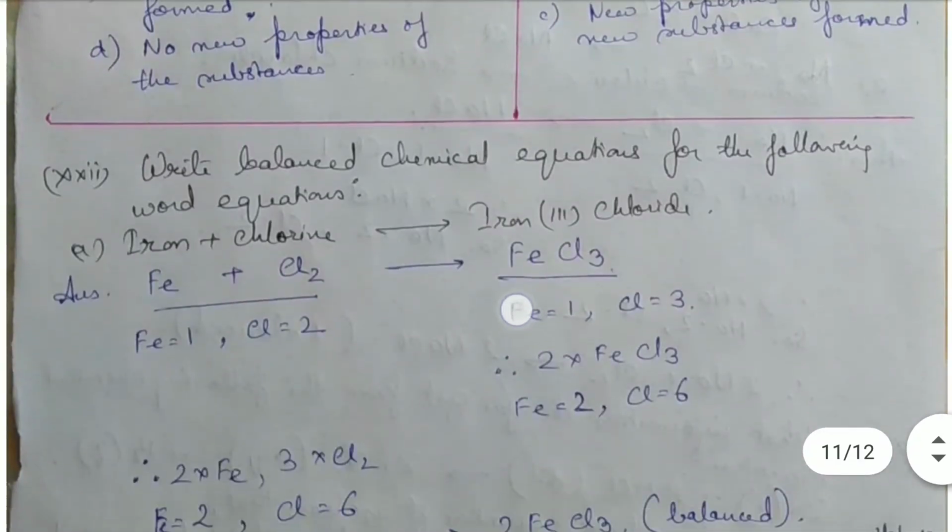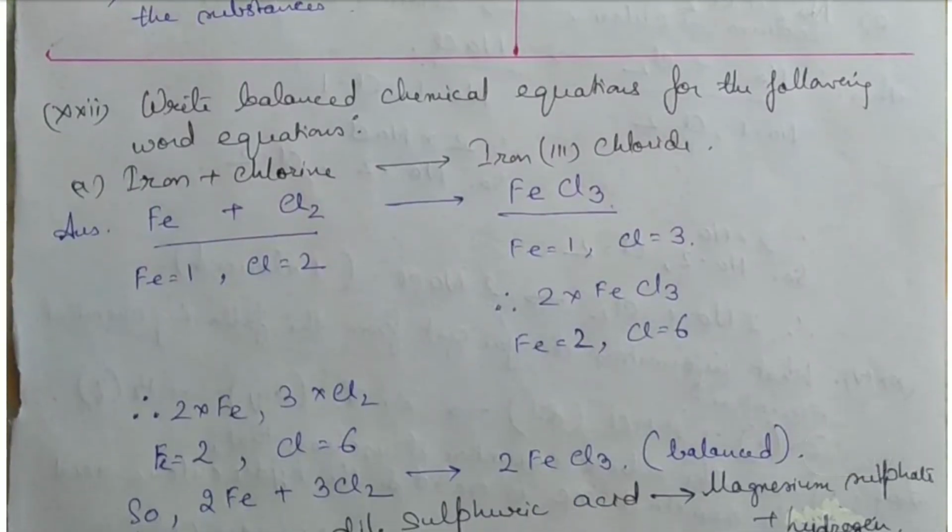Now, next is: write a balanced chemical equation for the following word equation. Iron plus chlorine gives us iron(III) chloride. So we write Fe + Cl2 gives us FeCl3. See, on the reactant side, Fe is equal to 1 and Cl is equal to 2. Whereas on the product side, Fe is equal to 1 and Cl is equal to 3. So we multiply the product side by 2. So we get Fe is equal to 2 and Cl is equal to 6.